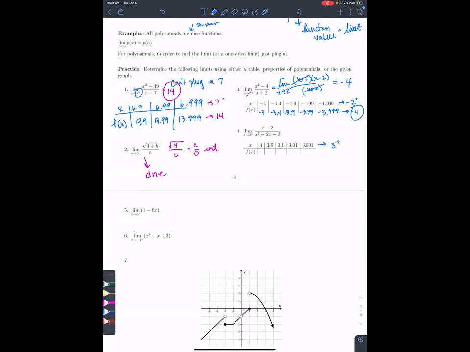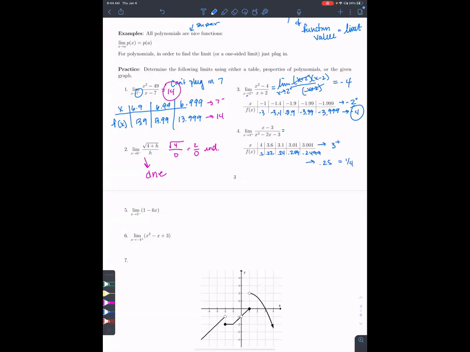The values we get are 0.2, 0.22, 0.24, 0.249, 0.2499.